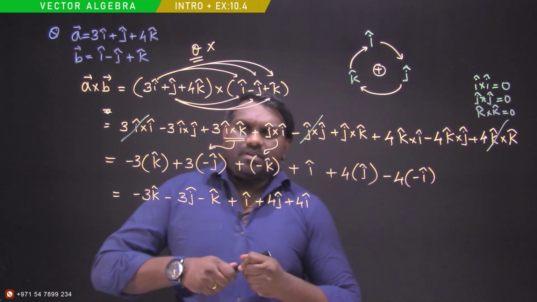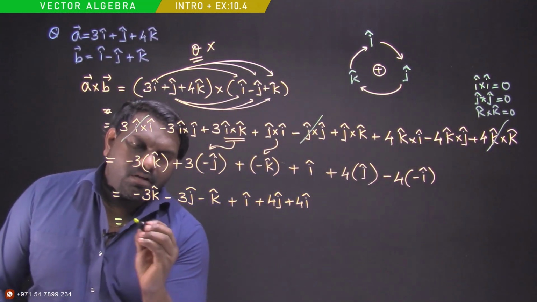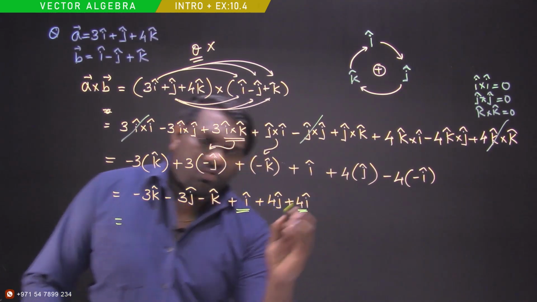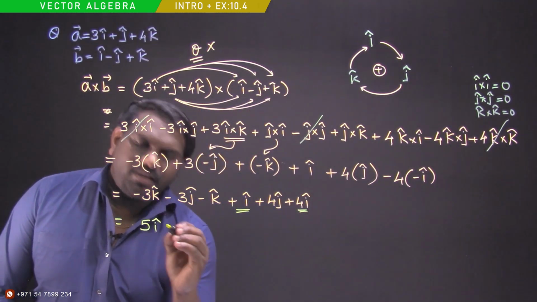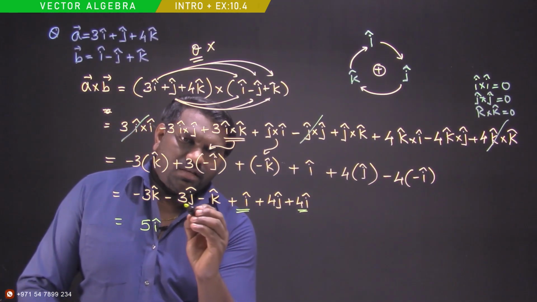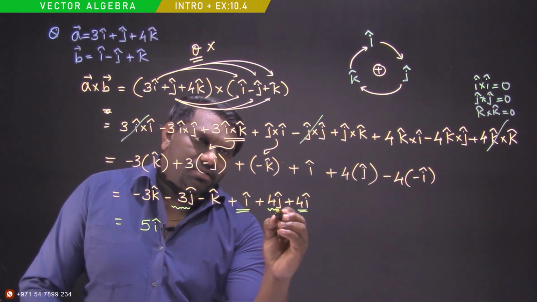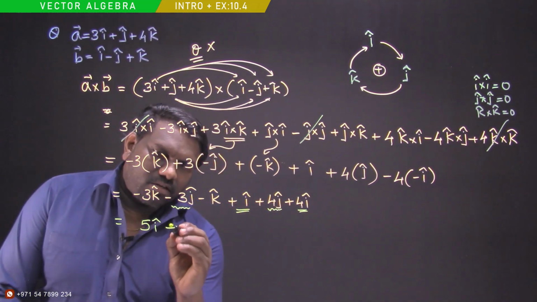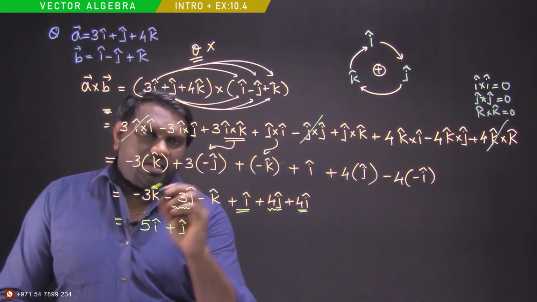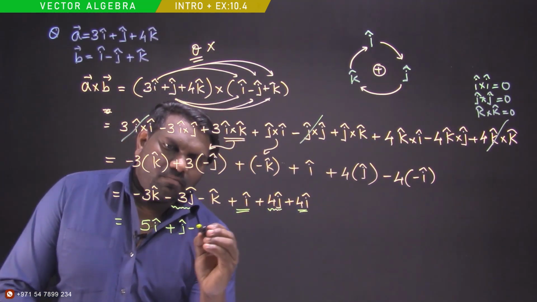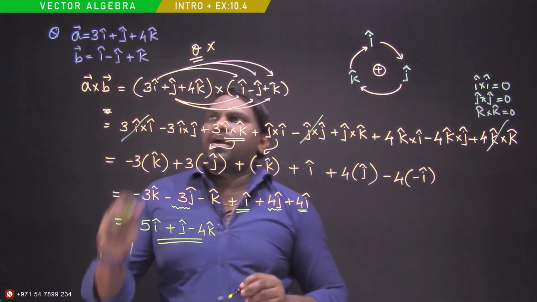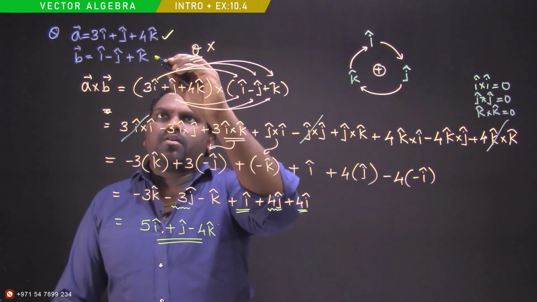Where is i? It is this and this, which gives me 5i. Then the j term, this and this is j, which gets me plus j. Then for k, this and this will give you minus 4k cap. So this is what I end up with when you take A cross B, dear.